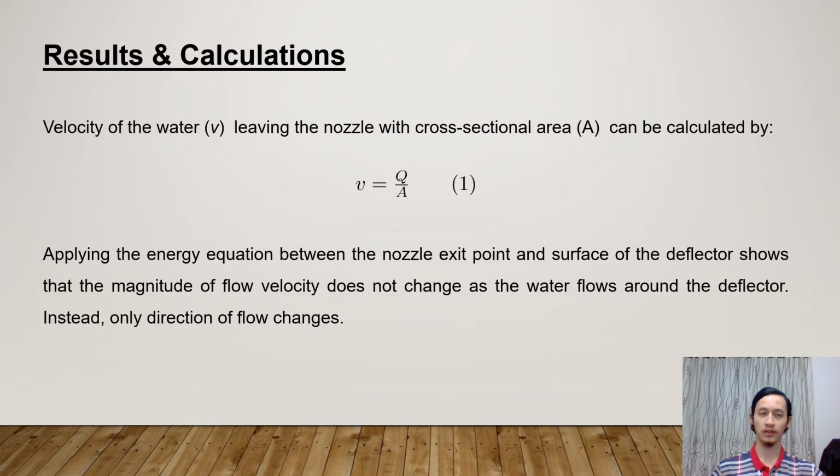Results and calculations. Velocity of the water leaving the nozzle with cross-sectional area can be calculated by this equation. Applying the energy equation between the nozzle exit point and surface of the deflector shows that the magnitude of flow velocity does not change as the water flows around the deflector. Instead, only direction of flow changes.